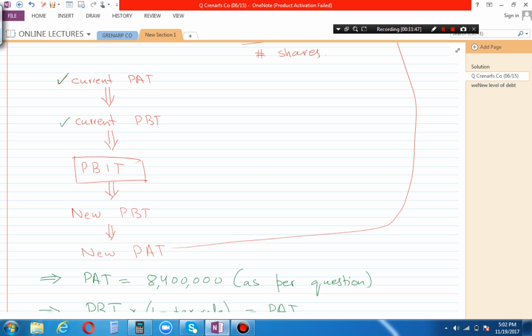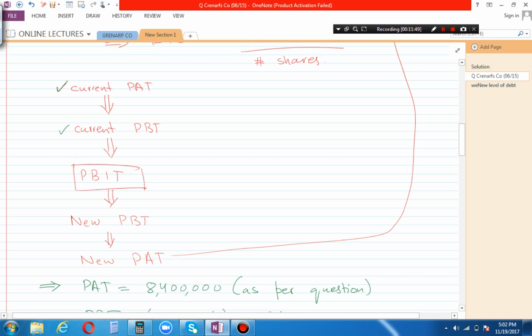So what will happen? If we have our current profit after tax, and if you change that into profit before tax, if you add back the tax figure, again it will give you profit before tax, and then you will add interest also, this will give you profit before interest and tax.